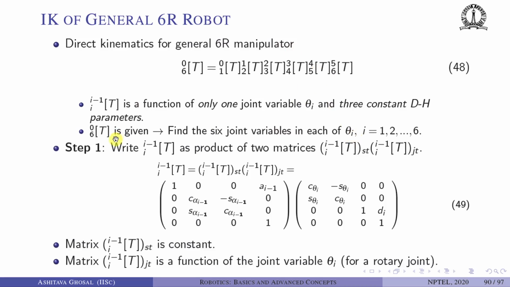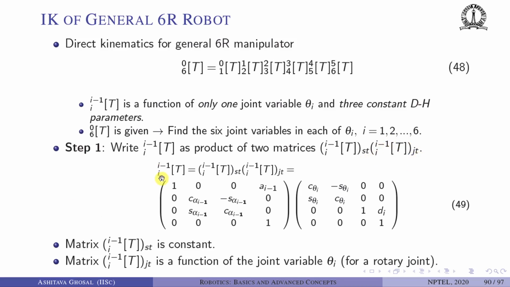So step 1: first write the link transformation matrix i minus 1 to i as a product of 2 matrices. This is Raghavan and Roth's approach. What are the 2 matrices? One depends on only the constant DH parameters, which is called the ST or structural part, and the other is the joint part. Can we do this? Yes.